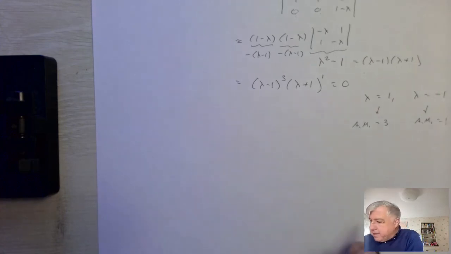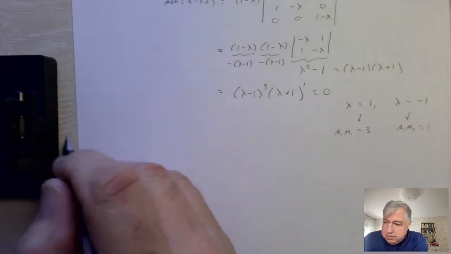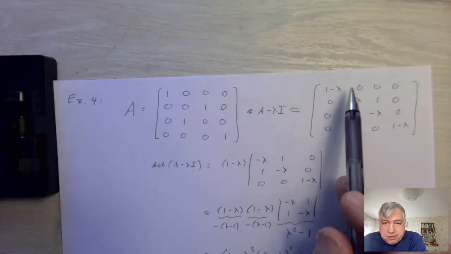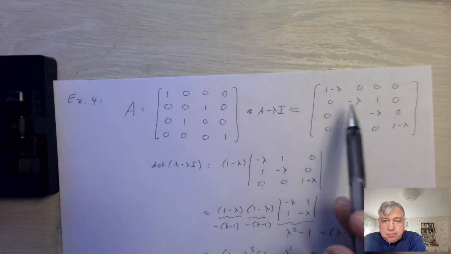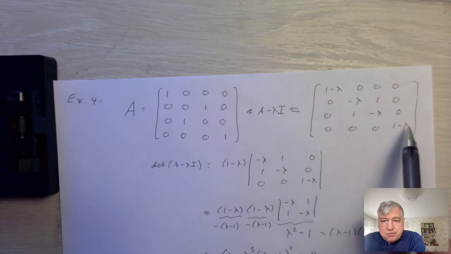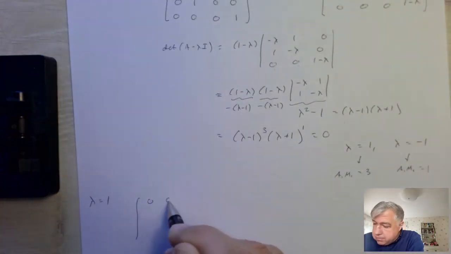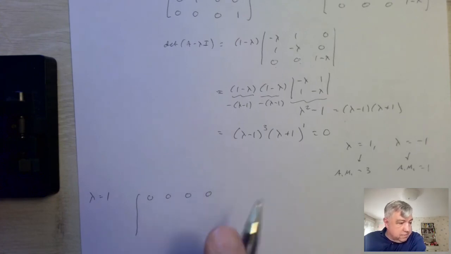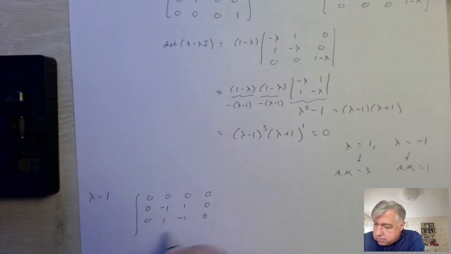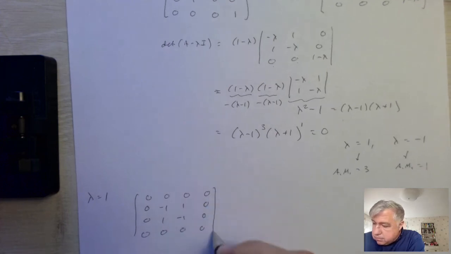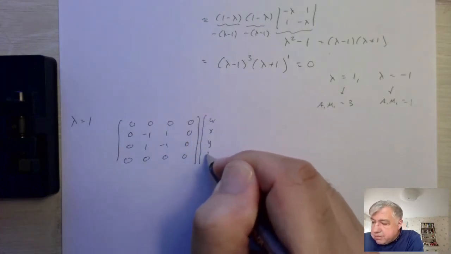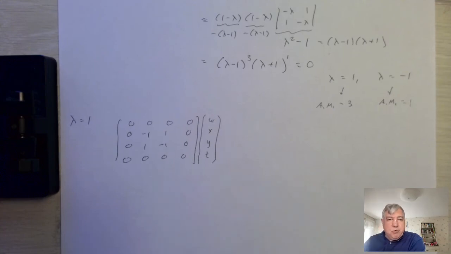If we let lambda equal 1 first of all, and plug it into this matrix, we get rows (0, 0, 0, 0), (0, negative 1, 1, 0), (0, 1, negative 1, 0), and (0, 0, 0, 0). For our variables, we can just use w, x, y, z, or whatever variables you want.